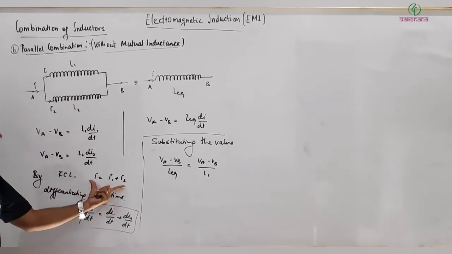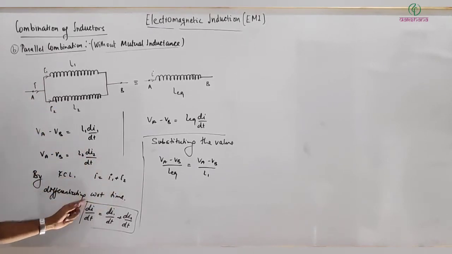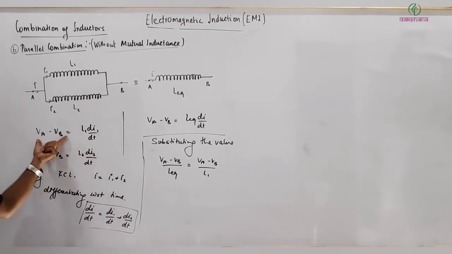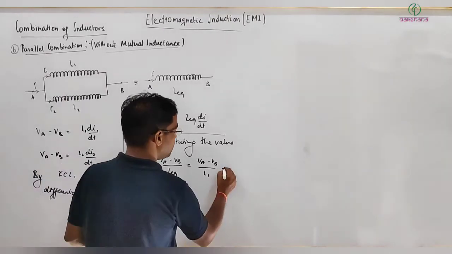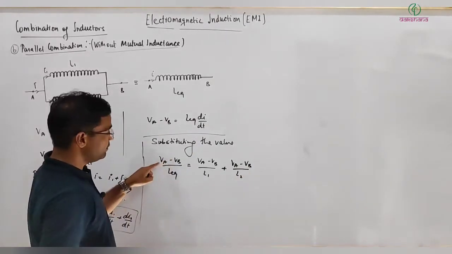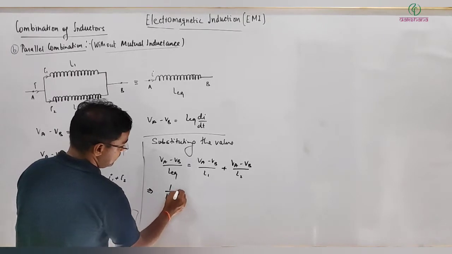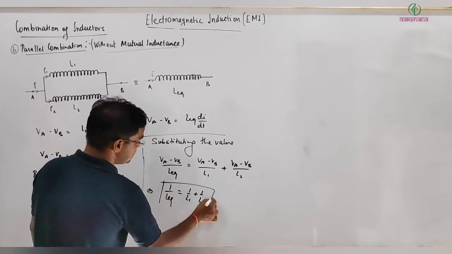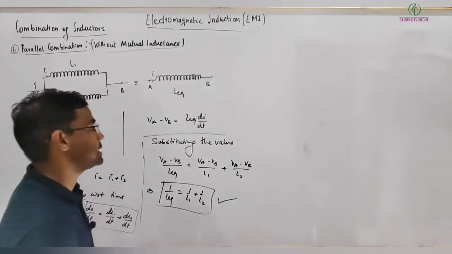By KCL, net current I is equal to I1 plus I2; differentiating, I get this relation. Substituting these values, VA minus VB simply cancels out, and I get 1 by L equivalent is 1 by L1 plus 1 by L2, which is the L equivalent in case of parallel combination.